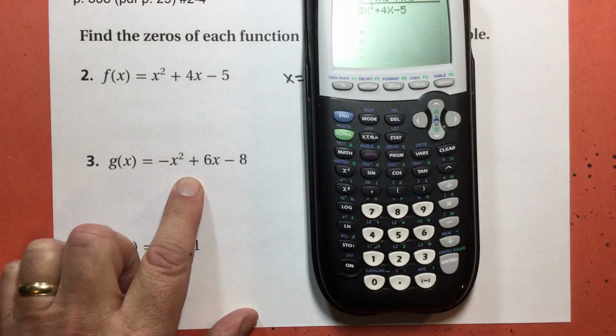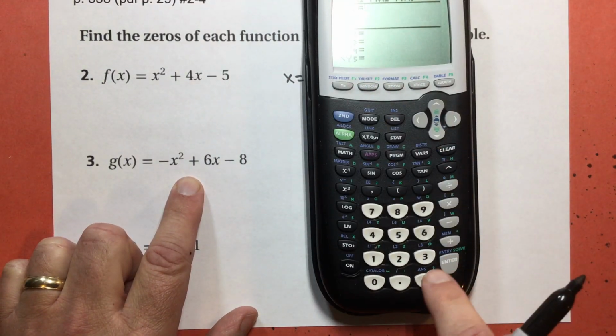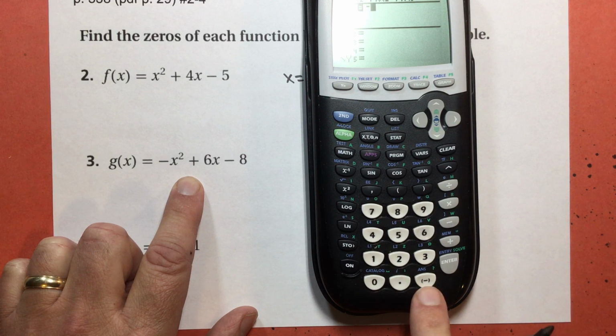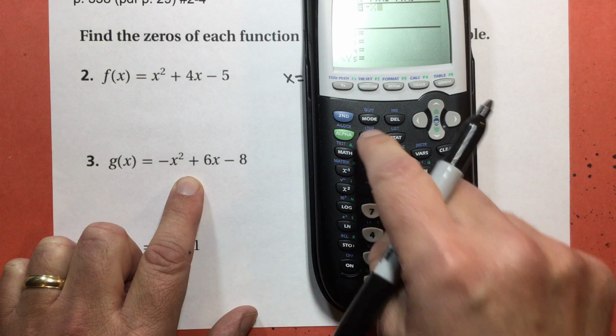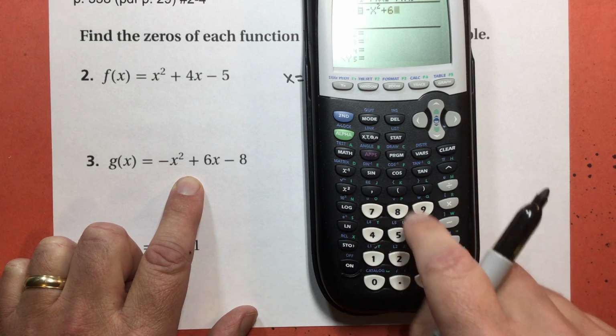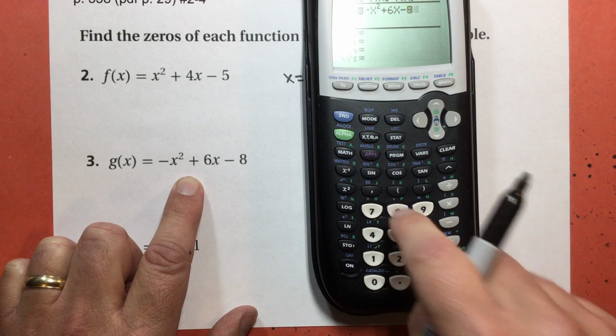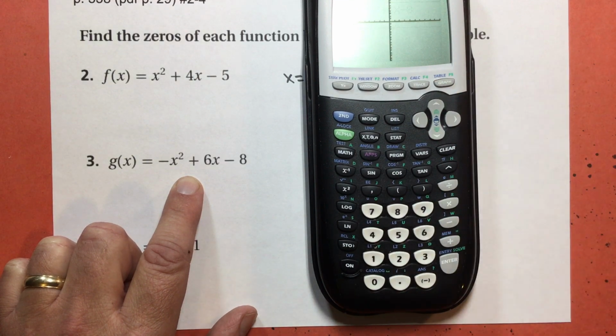I'm going to go back to y equals, and I'll clear that out. I'll do negative, which is that button. This is one of the things, why this, I don't know. But negative x to the second power plus 6 times x subtract 8. All right, let's graph it.